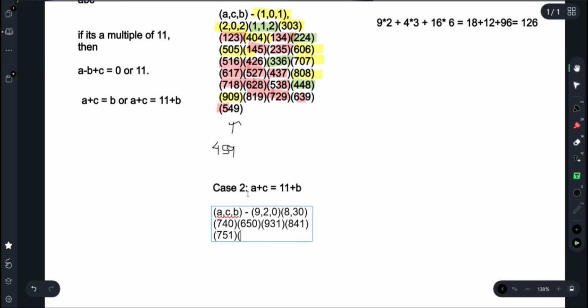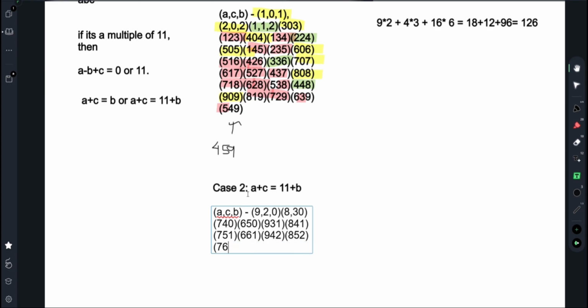So 661, 942, 852, 762, 953, 863, 773, 964, 874, 975, 885, 986, and 997.